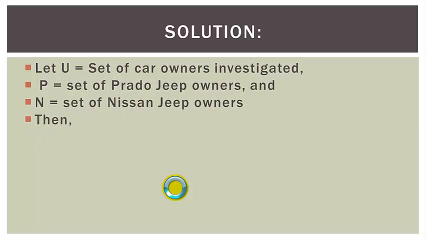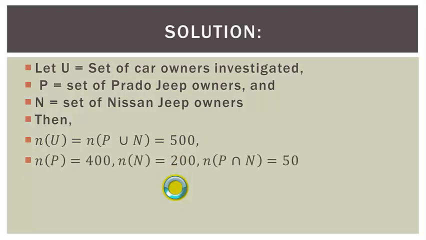Then the number of elements in U is equal to the number of elements in P union N, and it is given that the number of car owners investigated is 500. But the number of elements in P is 400, the number of elements in N is 200, and the number of elements in P intersection N is 50.